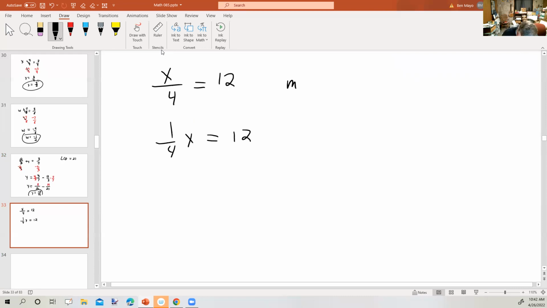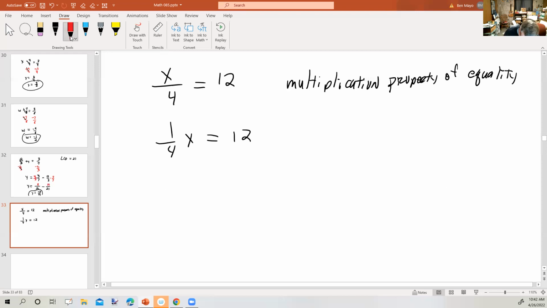This is called the multiplication property of equality. So recall back when we were solving proportions and we had an equation and the coefficient of the variable was a fraction.